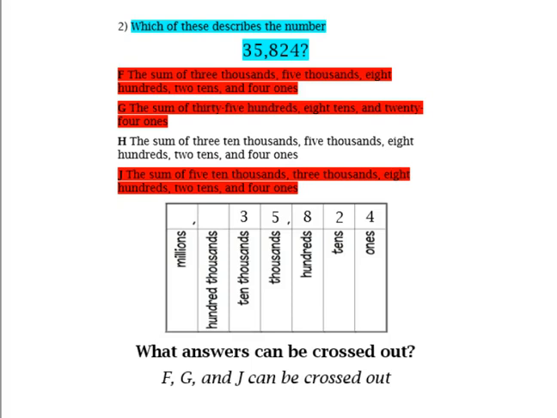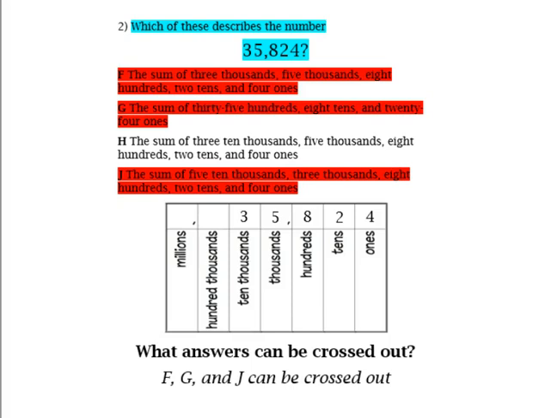The sum of 3,500s, that's possible, but we don't have 8 tens. So that answer is incorrect as well because they're not 8 tens. They're 8 hundreds. And J, the sum of 5 10,000s, well, we immediately know that is incorrect because if we look at our place value chart, there is a 3 in our 10,000s place.